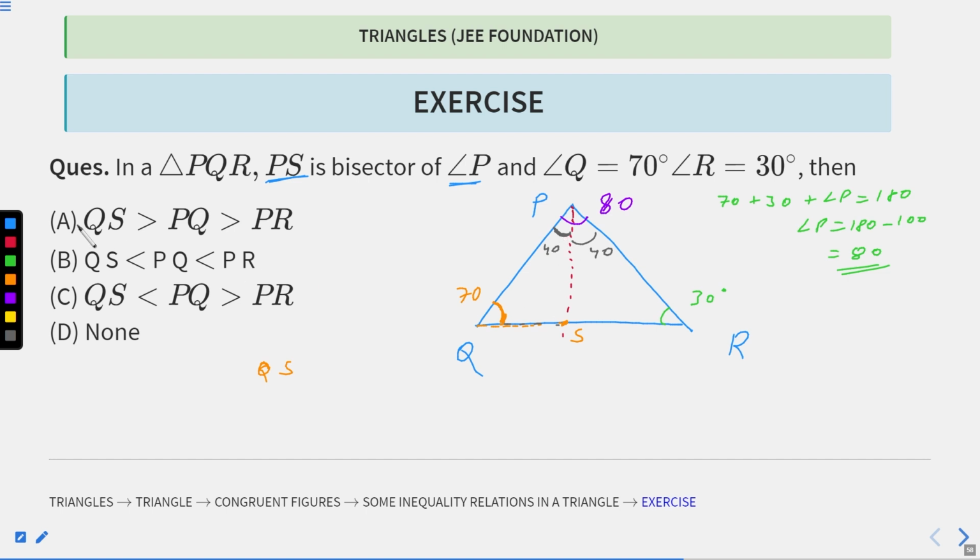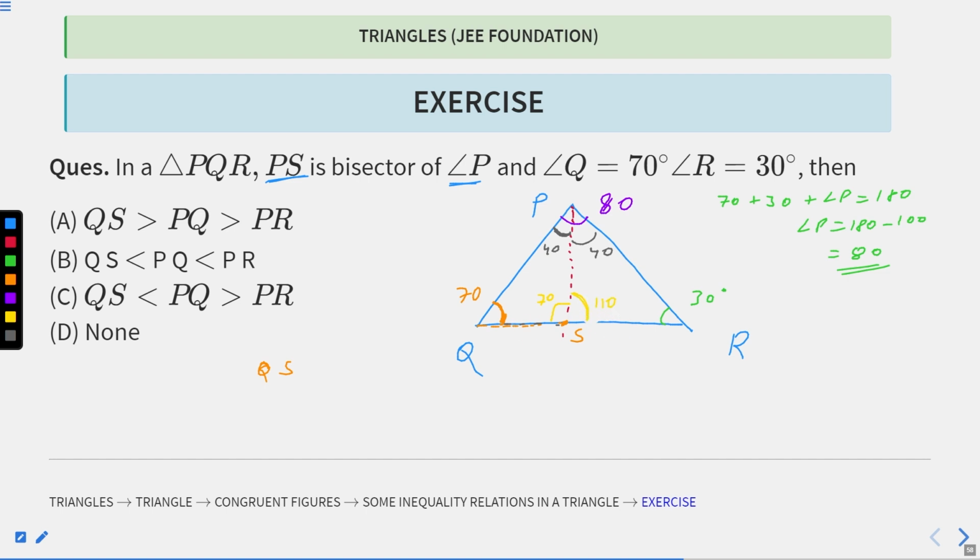You can find out the angle over here: it is 180 minus 70 plus 40, which is 70. And over here it is 180 minus 70, which is 110.